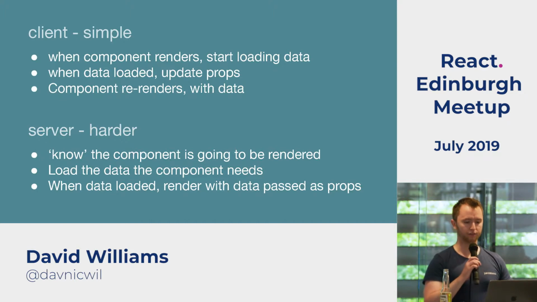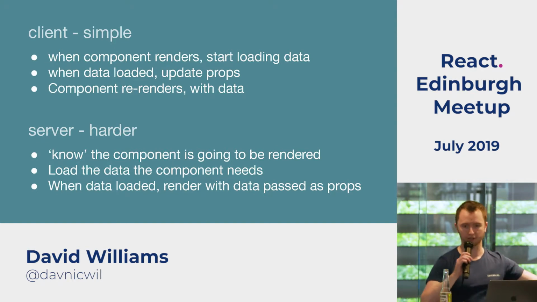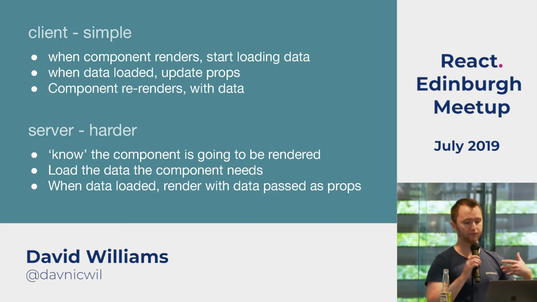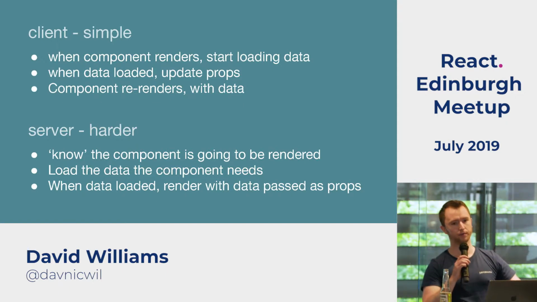And the answer is that we have to, on the server, predict what data we're going to need to load for the components, and there may be many of these components, like hundreds even in a view. We have to predict or know which data we're going to need to render those, and we have to preload it before doing this.